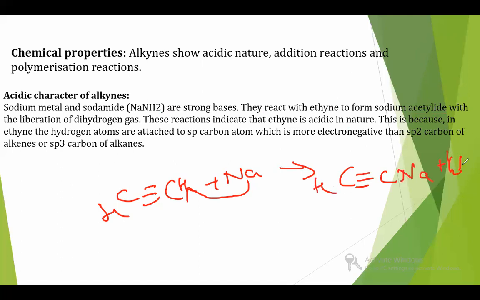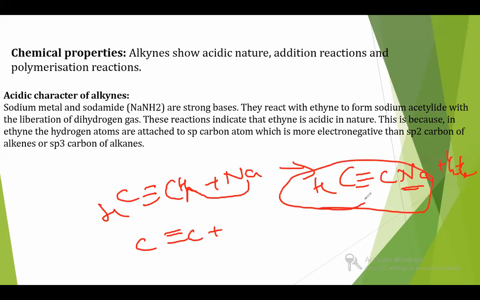Then half H2 is liberated. With only one sodium, that is monosodium ethynide.